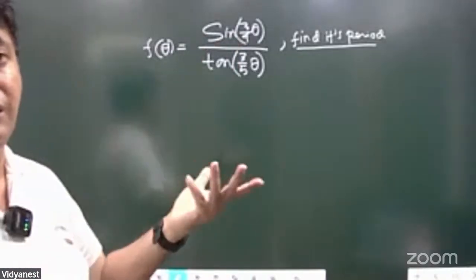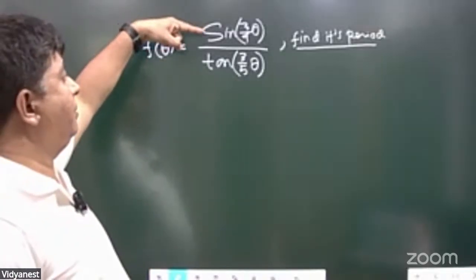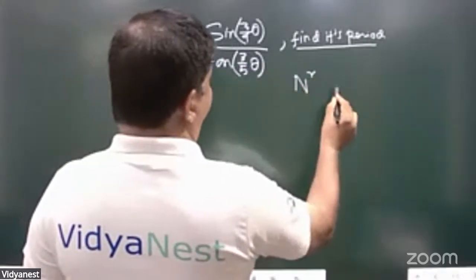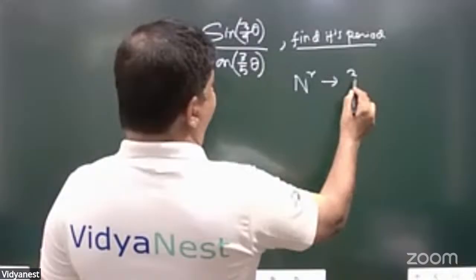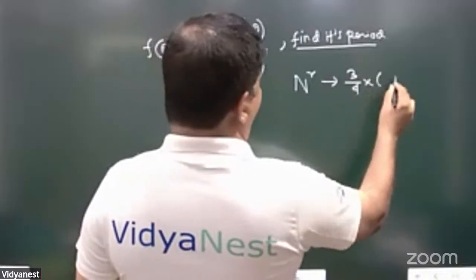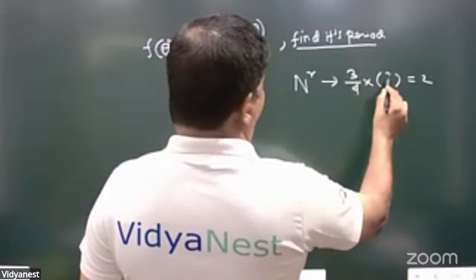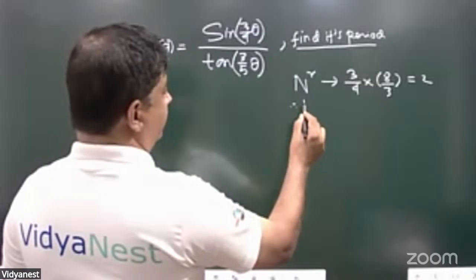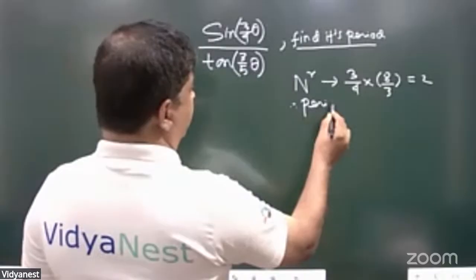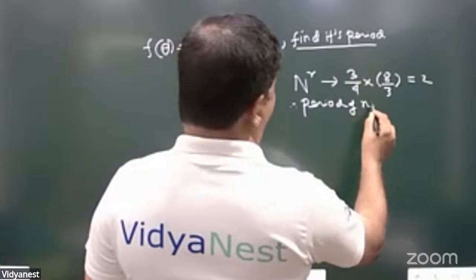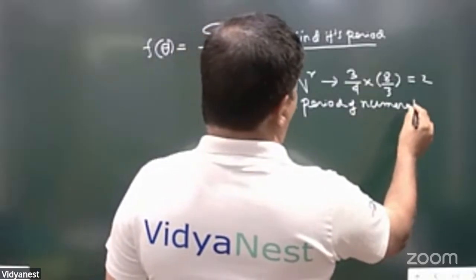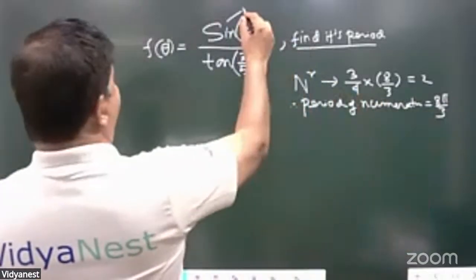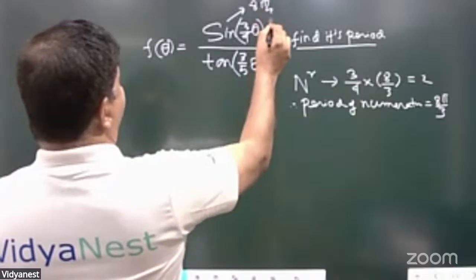Now, using that shortcut trick, you can get the period of the numerator as well as the denominator. In the numerator, with 3/4, what to multiply to get 2? 8/3. Yes or no? Yes, sir. So the period of the numerator is 8π/3.